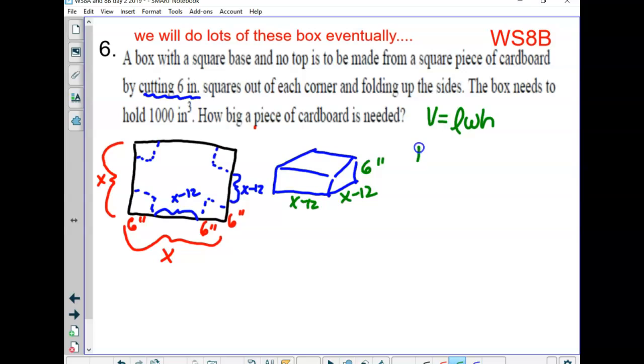So the volume has to be 1,000 if the length, width, and height are what, from our expression right here. Can I start with the 6 even though it's really the height? And then the length and width are both x minus 12. It might be faster to type it in our calculator as 6 times x minus 12 quantity squared.